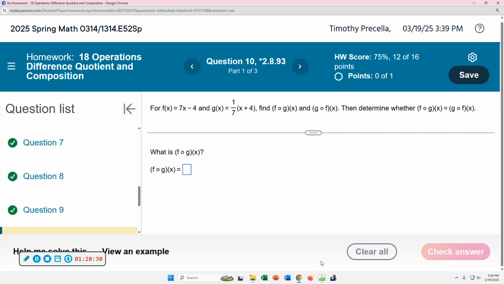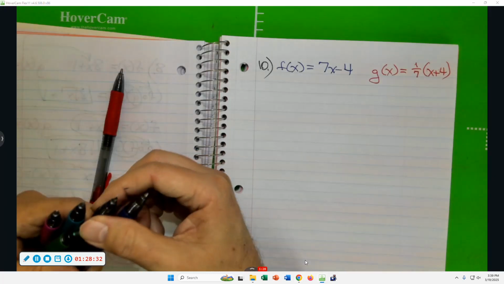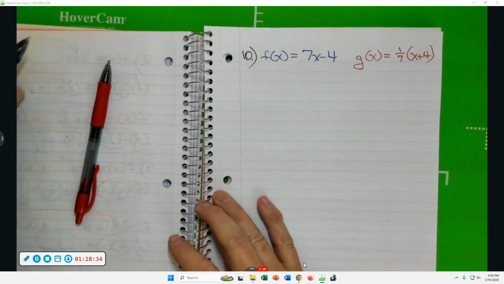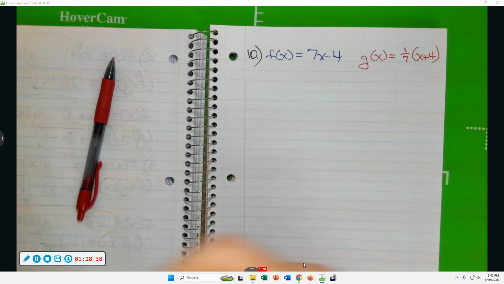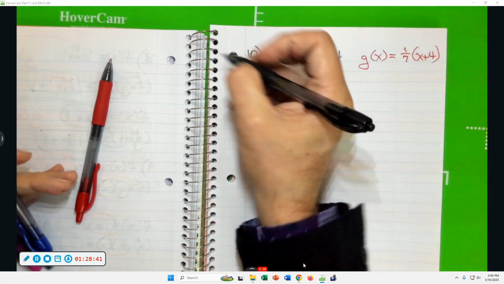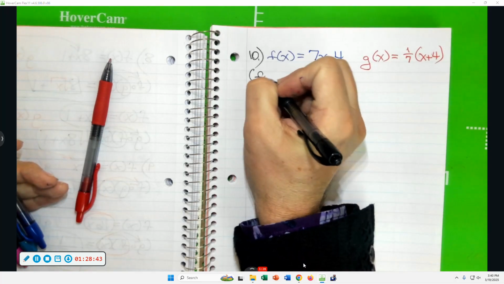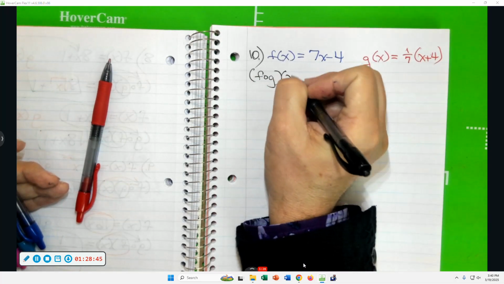I want us to find f composed with g and g composed with f. The first stuff is basically the same thing we've been doing with the arrows, and at the end we say yes or no. Did we get the same thing?